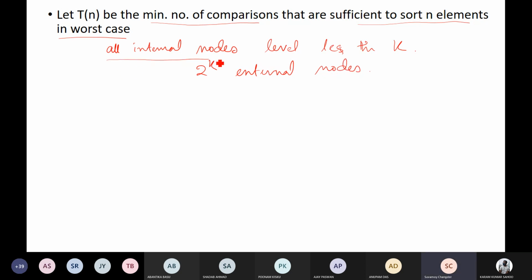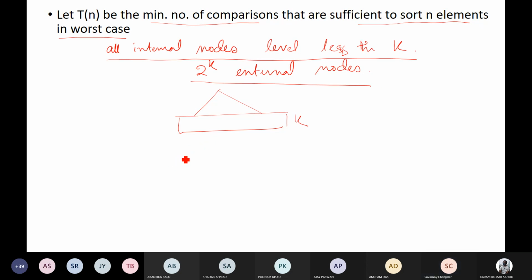If all internal nodes are at levels up to k, then we say that there are 2 to the power k external nodes.